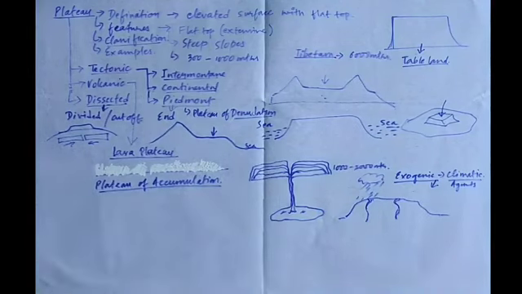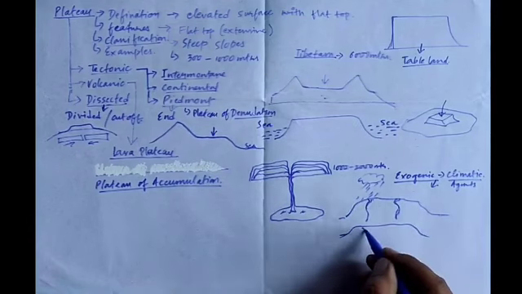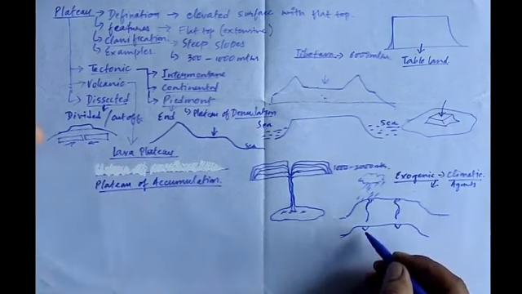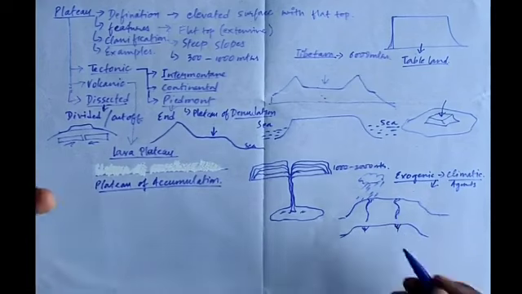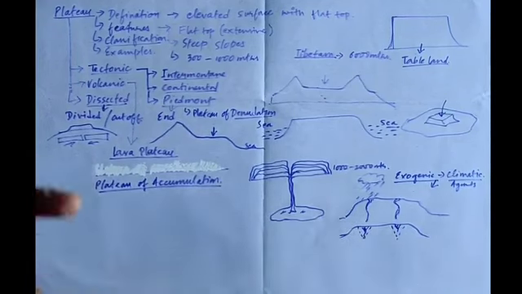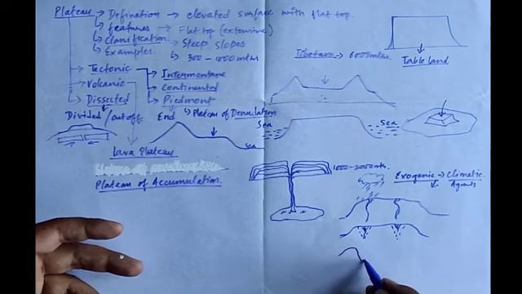Erosion will take place. So over the years, due to continuous rainfall, in the path of the river, the valley will be formed. Again, due to the continuous erosion, the valley will become bigger, isn't it? Due to the erosion, the vertical cutting or the side cutting of the river valley will start taking place.